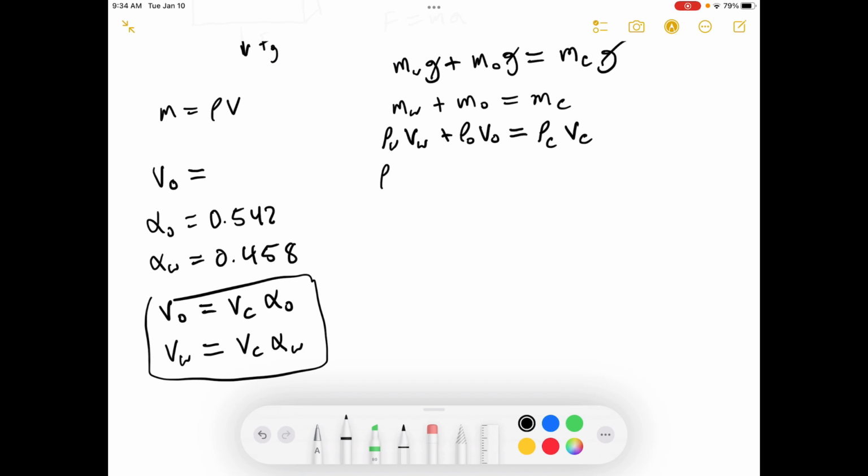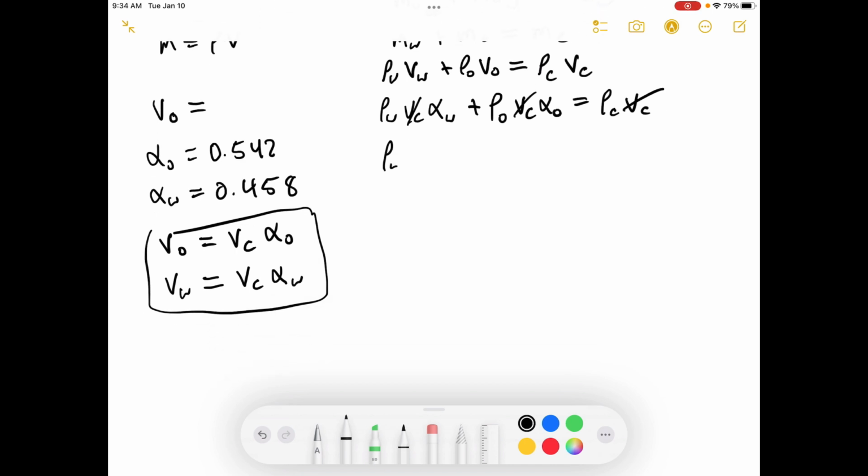Okay, so the density of the water times the volume of the carbon times the volume fraction of the water, and the same for the oil. Okay, and we can see that the volume of the carbon actually does cancel out here, and we're just left with these volume fractions times the density.